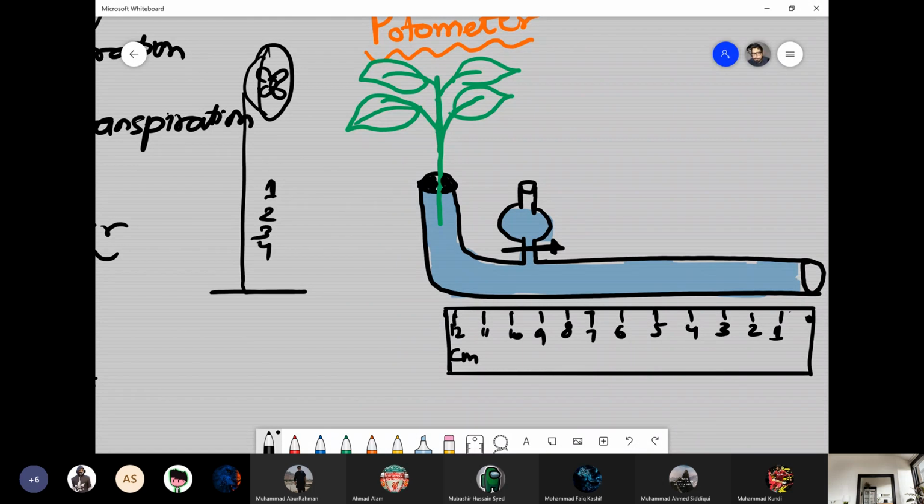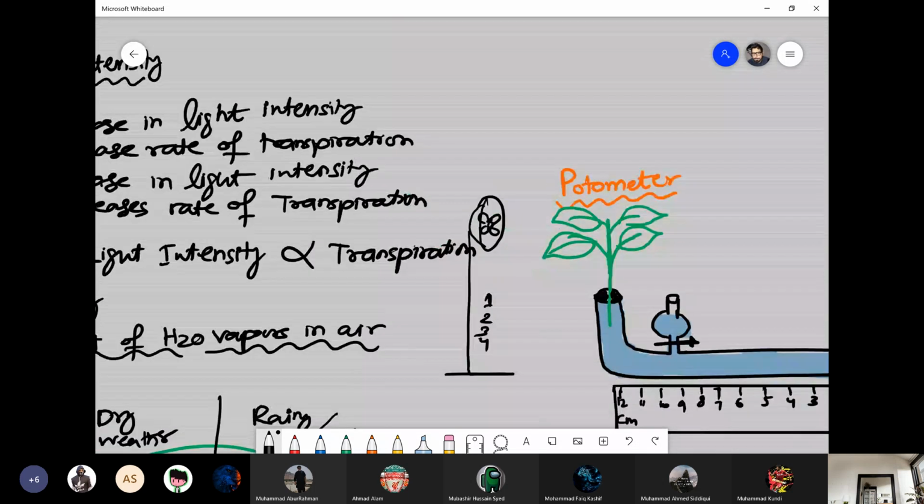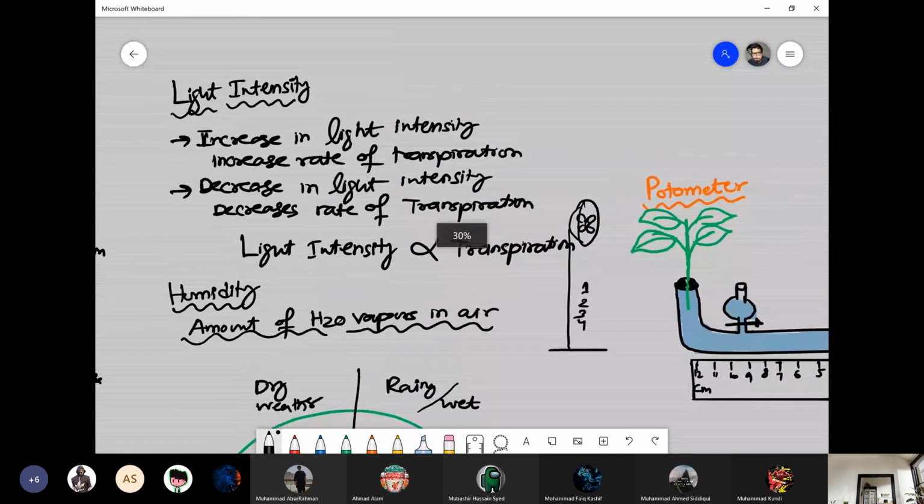At speed 1, the wind will be slow. At speed 4, the wind will be faster. Now by tomorrow, inshallah, I will start explaining from here because I need to tell you more important things about this, right? So tomorrow this chapter will be finished, inshallah.